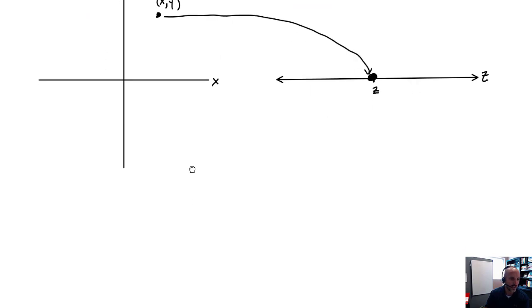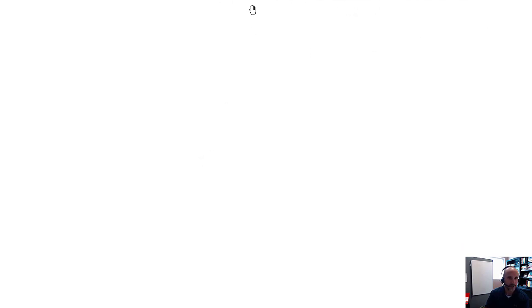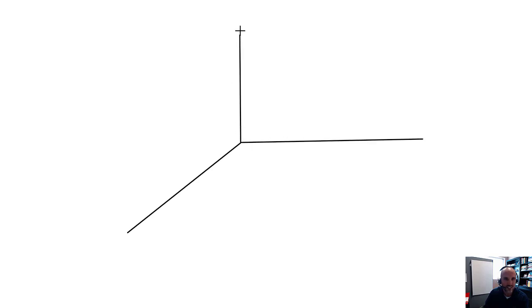Another way to visualize it is in R3. So in R3, you just map it all out together. So here's our positive x-axis. Here's our positive y-axis. Here's our positive z-axis. You could pick an ordered pair xy in the xy plane.